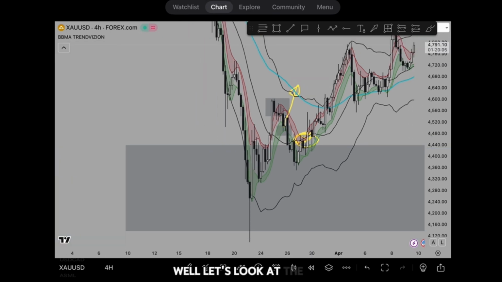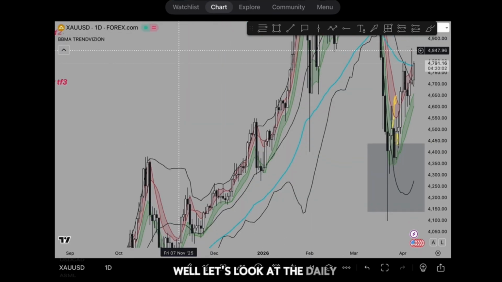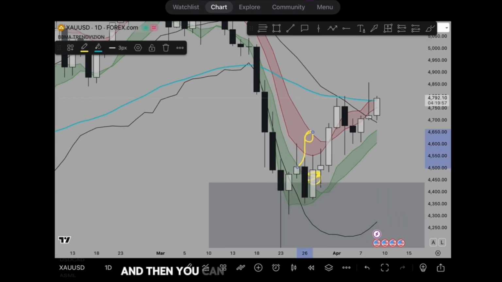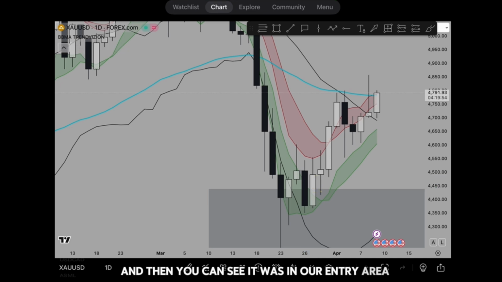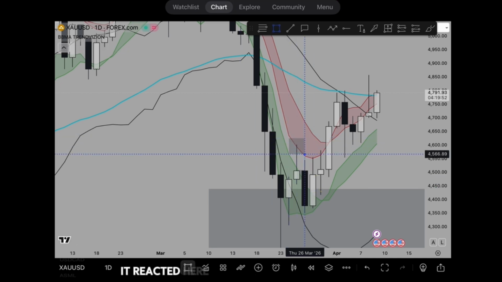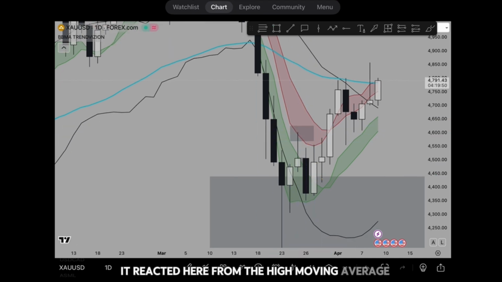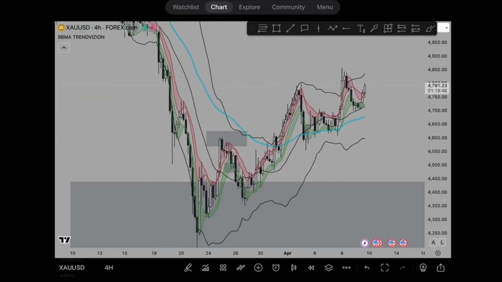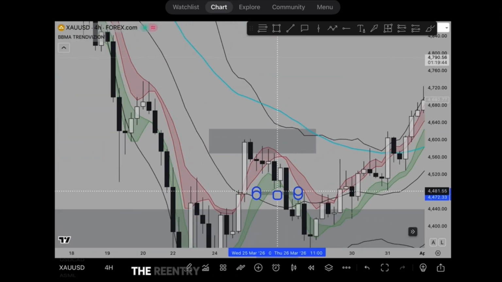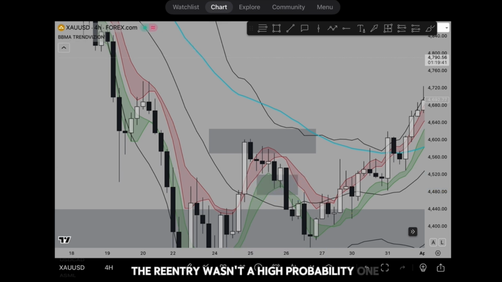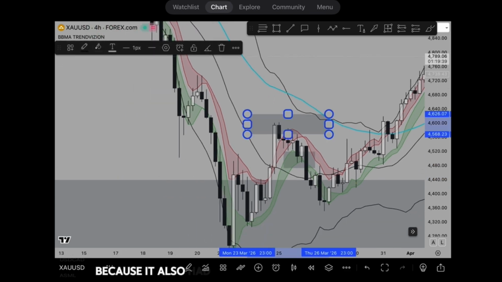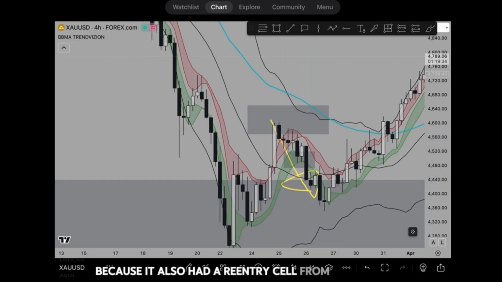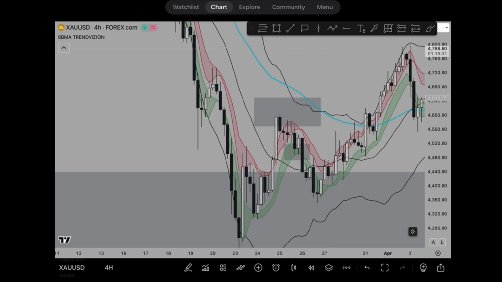Well, let's look at the daily. And then you can see it was in a re-entry area. It reacted here from the high moving average. So the CSAK buy you see here, the re-entry, wasn't a high probability one because it also had a re-entry sell from the other one, from the daily.